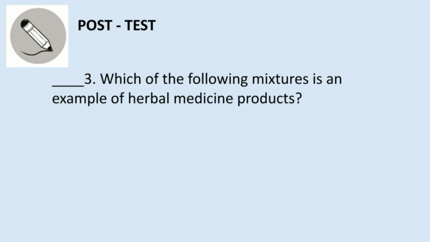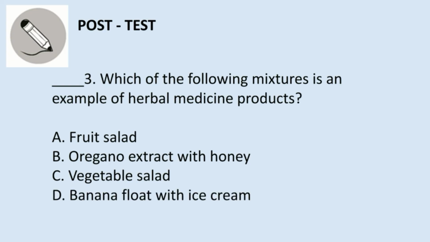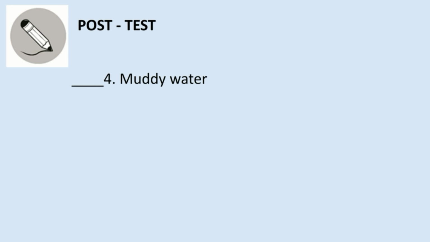Next, number 3. Which of the following mixtures is an example of herbal medicine products? A. Fruit salad, B. Oregano extract with honey, C. Vegetable salad, D. Banana float with ice cream. Number 4.